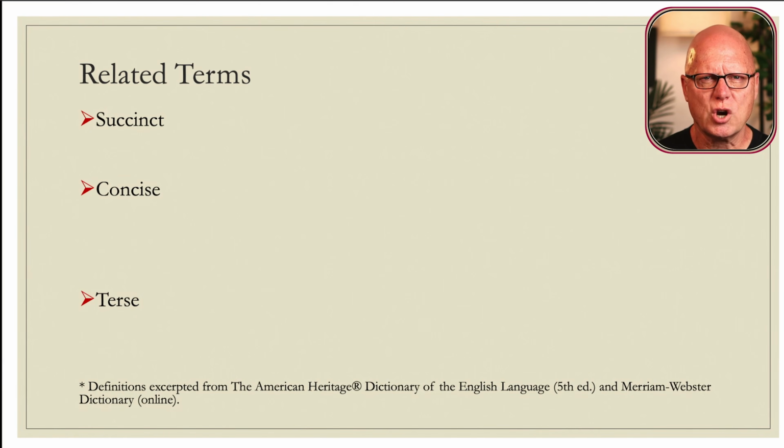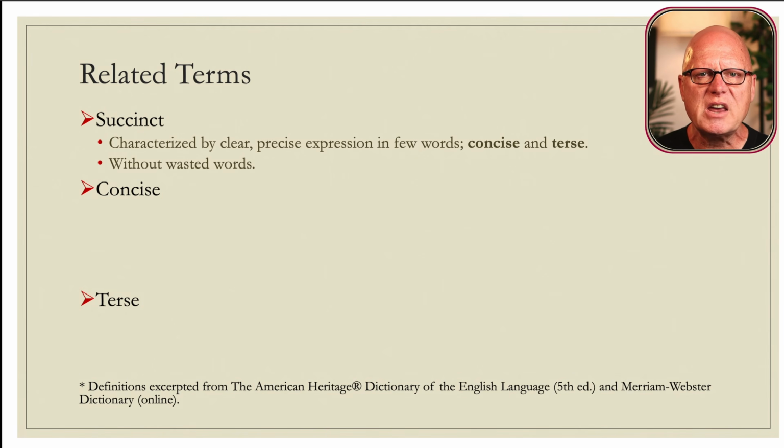There are three terms that are often used interchangeably, as if they were synonyms, but they're not exactly synonyms. You've heard me use the word succinct in prior videos. Succinct is writing that is characterized by clear, precise expression using just a few words if possible.